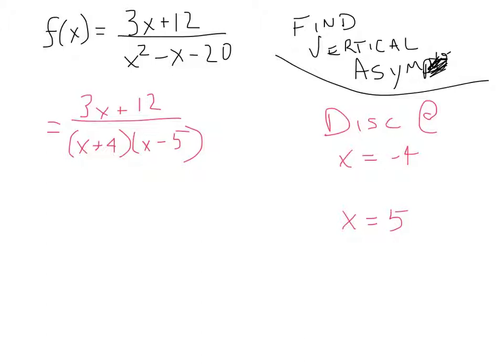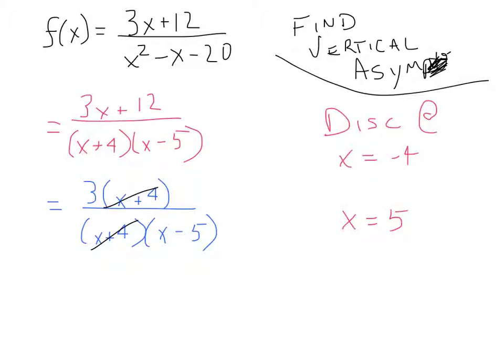Now we need to determine what type of discontinuity. How we can do that is let's factor the top. In the top we could factor out a 3, so we get 3 times x plus 4 over x plus 4 times x minus 5. Now we learned from the last section these would cancel each other out, and so this is a removable discontinuity, and on a graph we would have a hole.